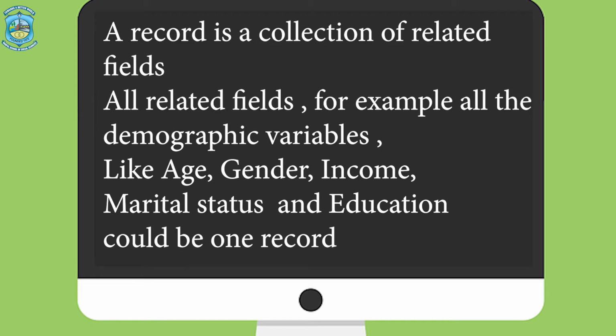A record is a collection of related fields, for example, all the demographic variables like age, gender, income, marital status, education could be put under one record.